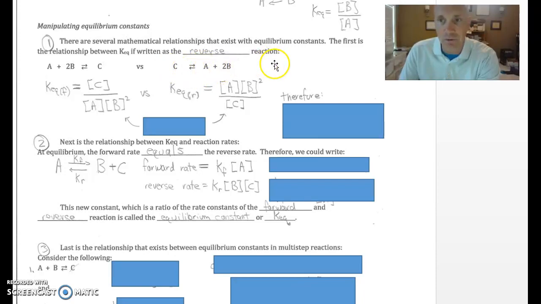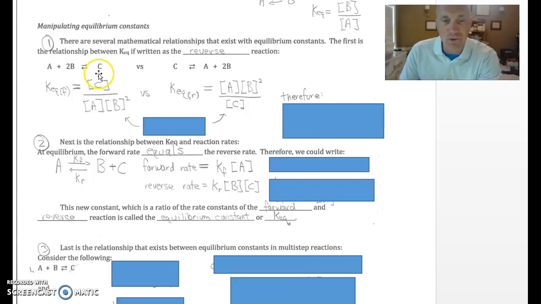I use the example of, is ice the reactant and water the product? Or is water the reactant and ice the product? Well, it can go either way. So if we define an equilibrium constant, and the parentheses F mean the forward reaction, versus defining it for the reverse, and that's what this R means, you'd see that these are the two different expressions that you would get.